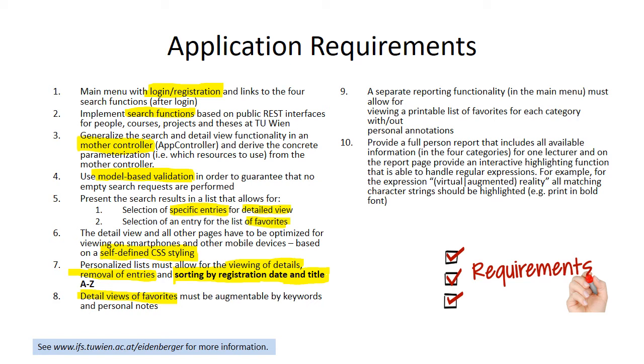Second to last requirement is I want you to do a reporting functionality in the main menu that allows for viewing a printable list of favorites. That should be simple text style. You don't have to provide a PDF, and neither do you have to care about the printing itself.